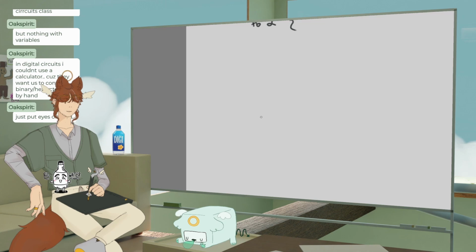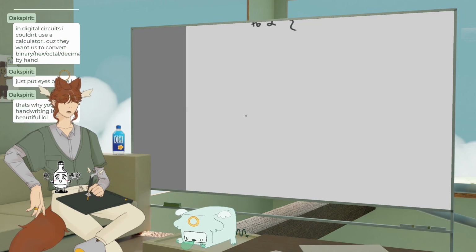Oh, by the way, I'm an artist. I do a variety of things. I do teach some stuff, generally near the end of my courses. I do a speed run of teaching the course, if I have the energy to before my finals. And I like to visualize little creatures and things. That's why your handwriting is so beautiful, lol.